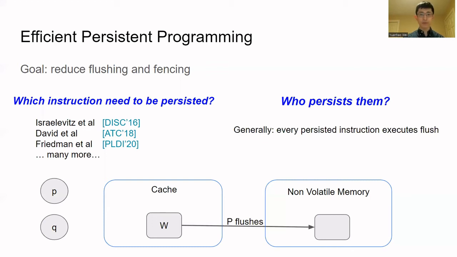Next process Q performs a persisted read, which sees W. And since Q has no way of telling whether or not W has already been persisted, Q has to do another flush, which is wasted work. So the question is, how do we avoid these redundant flushes? And ideally, we want to make sure that each persisted write only gets flushed once. And this problem is the focus of our paper.